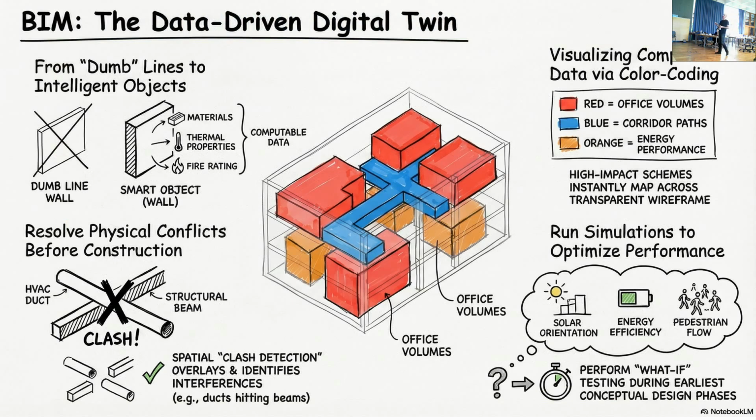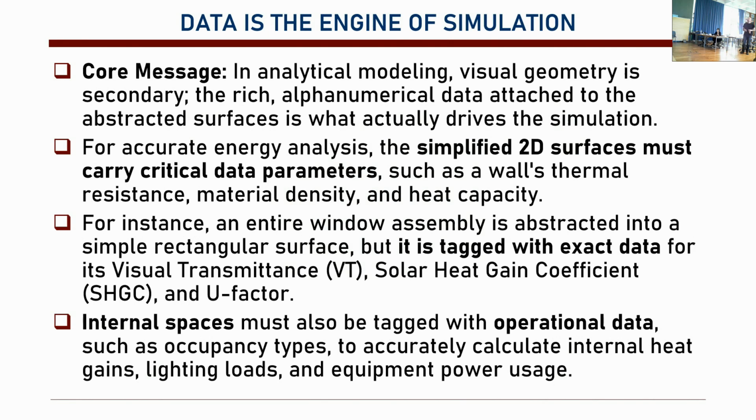So yeah, you can see the volumes, and these volumes are calculated for their energy requirements and energy performance, okay? And of course, everything is based on data, and this means that our models should include that data.